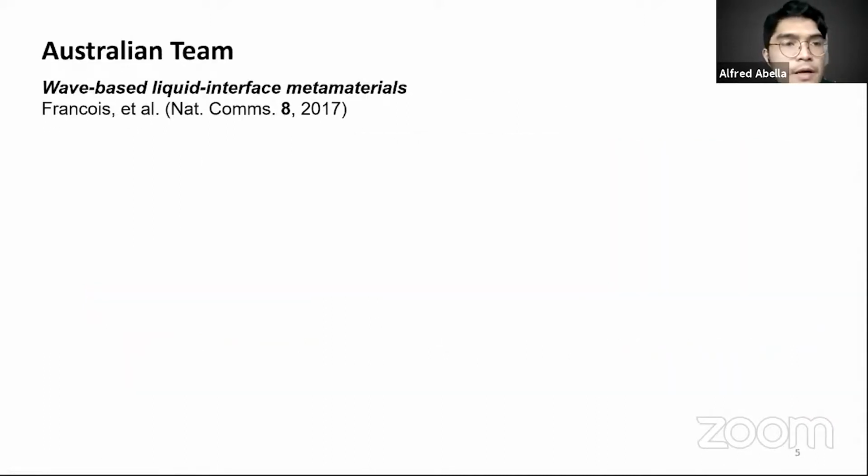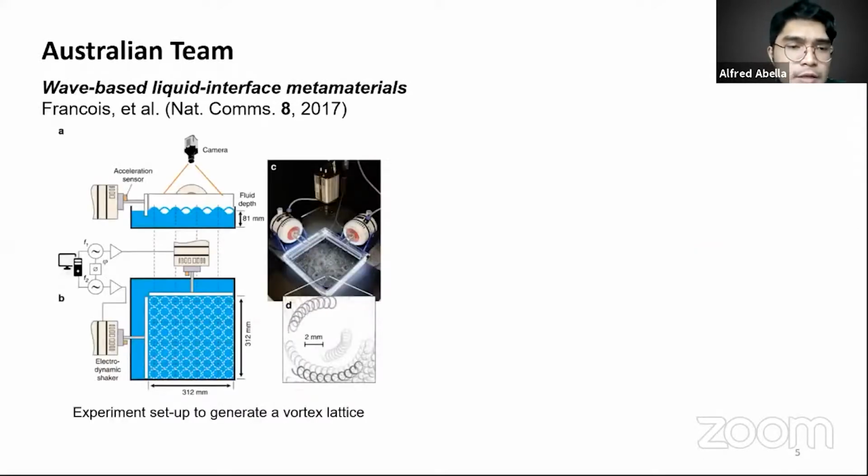Now, another paper by the Australian team, Francois et al., entitled Wave-Based Liquid Interface Metamaterials. They used a similar setup, with perpendicularly positioned paddles, which also generated surface waves on the liquid-gas interface.